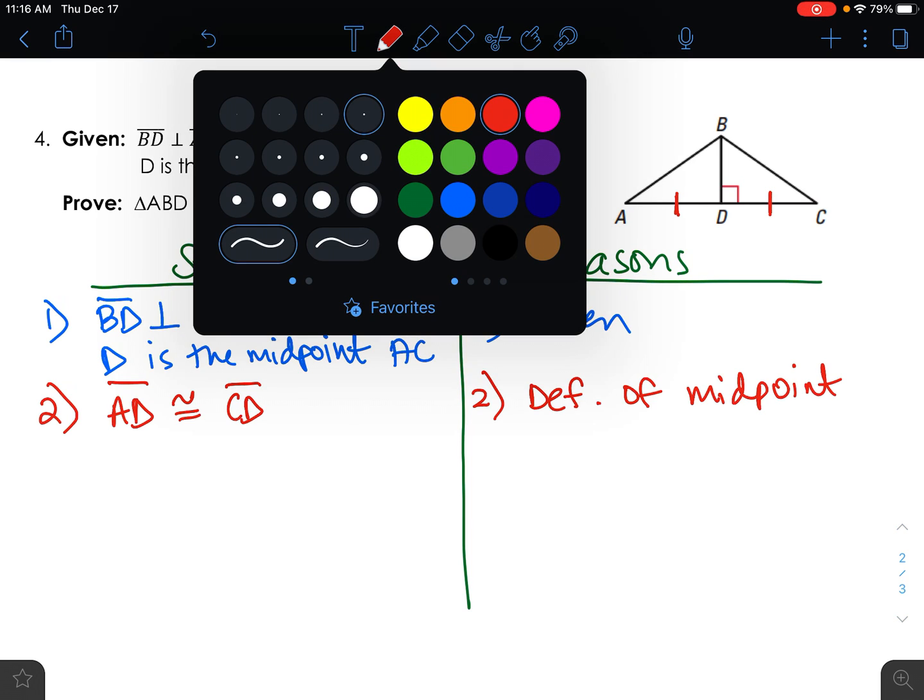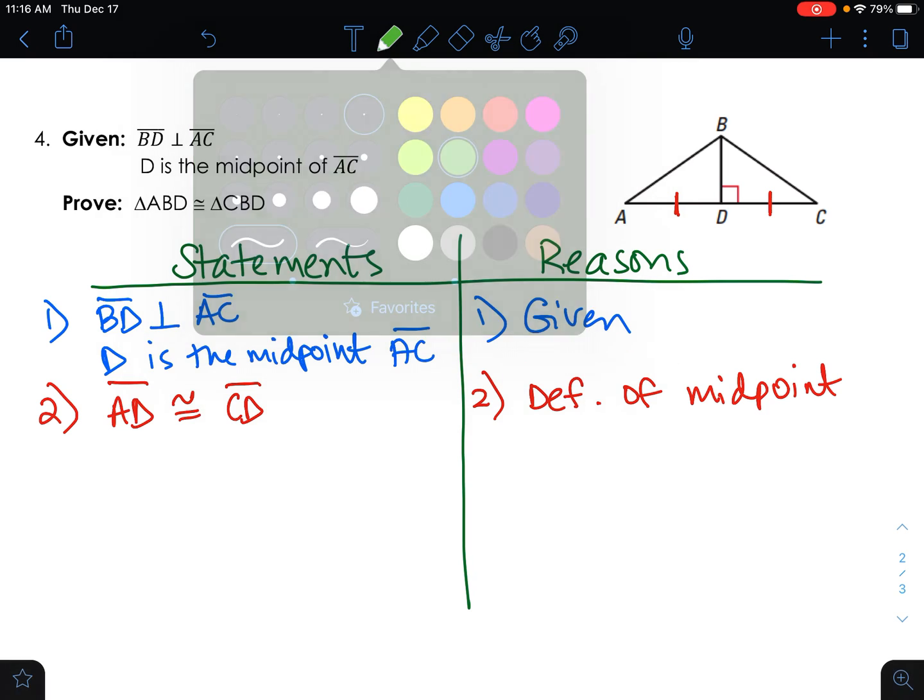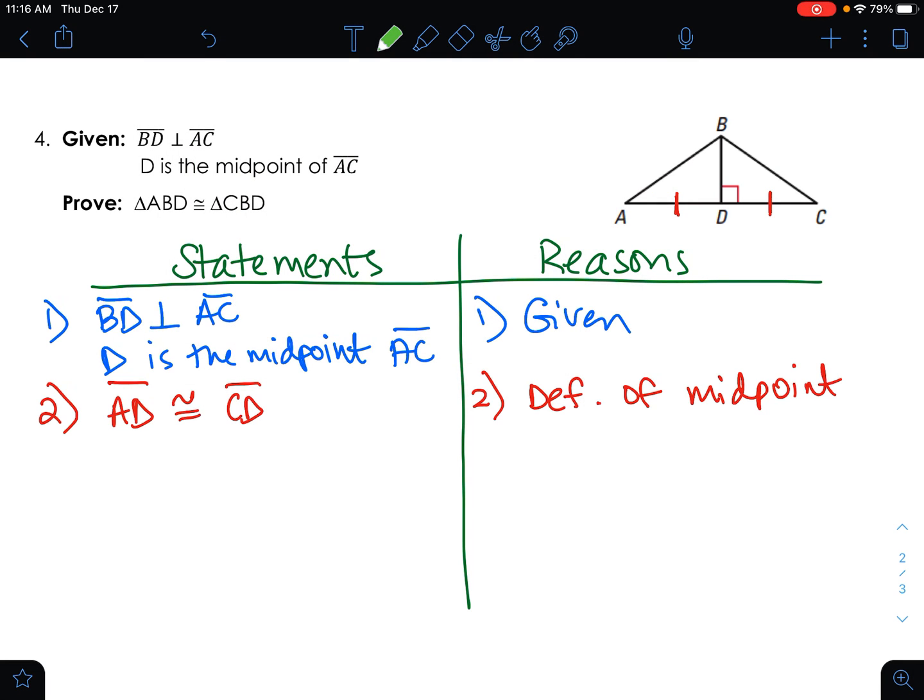All right. I also have a reflexive property here. So I'm going to go ahead and mark that. So somewhere in your proof, this could have been line 2 for you, we need to state that BD is congruent to BD, reflexive property of congruence.